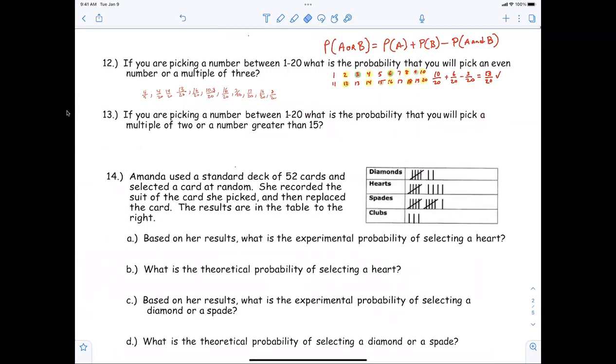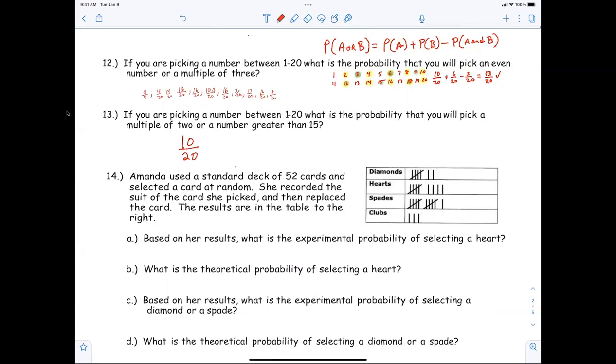If you are picking a number between 1 and 20, what is the probability that you pick a multiple of 2? 10 out of 20. So I want everybody to put 10 out of 20. Please pay attention.